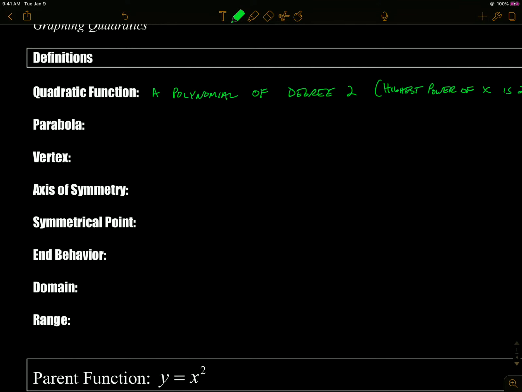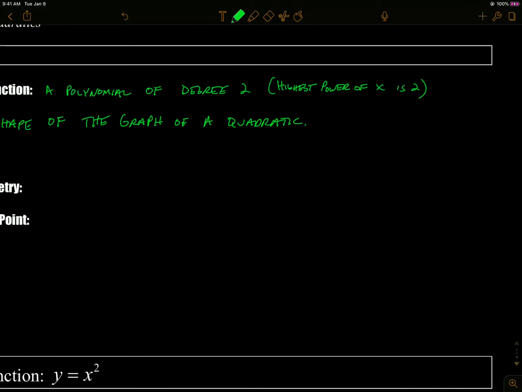So parabola, that's the shape or the name of the graph. We call it a U-shape.